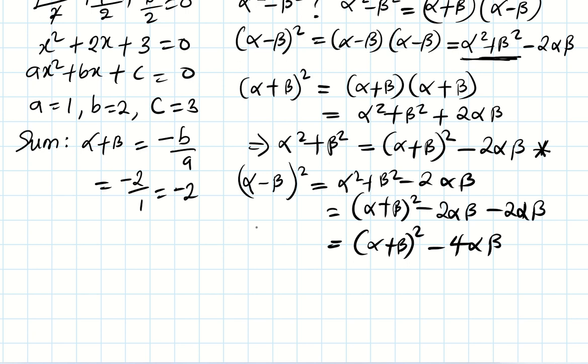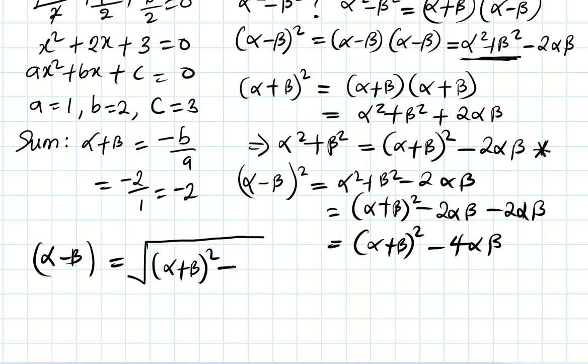Therefore, when we take the square root, we have alpha minus beta equal to the square root of (alpha plus beta)² − 4 alpha beta.